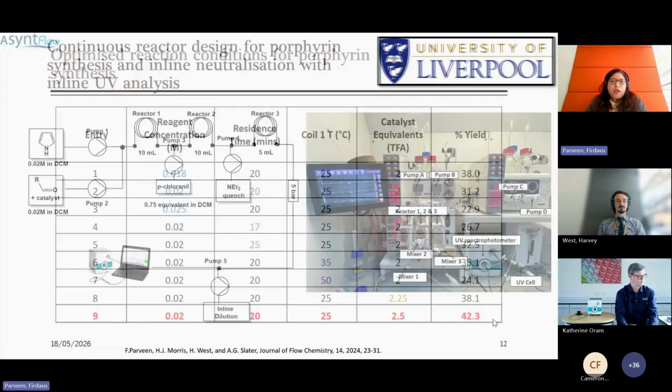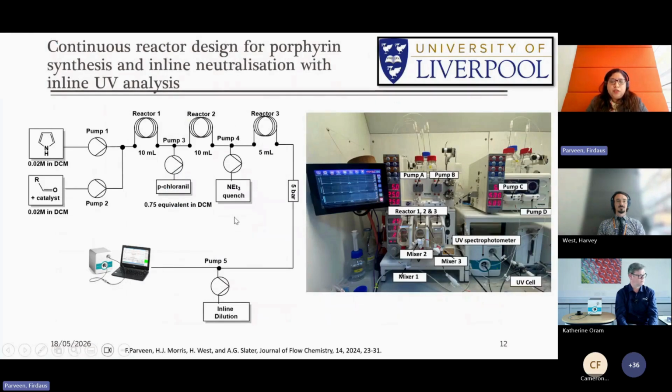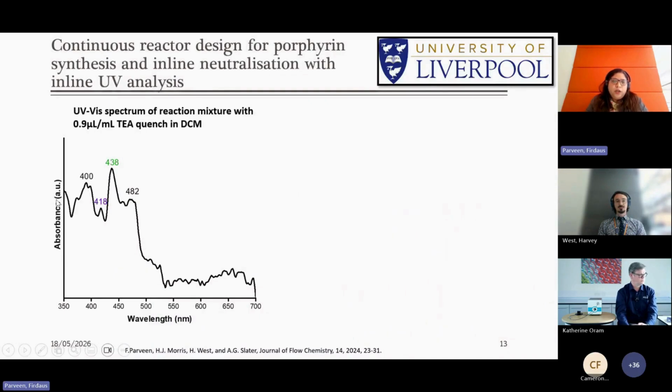So we decided to add the neutralization as well in line, telescoping the process rather than collecting the reaction mixture in batch and purifying it. We added inline neutralization and we monitored the reaction with the Asynt FlowUV. While monitoring the reaction mixture, we found we were getting lots of peaks.